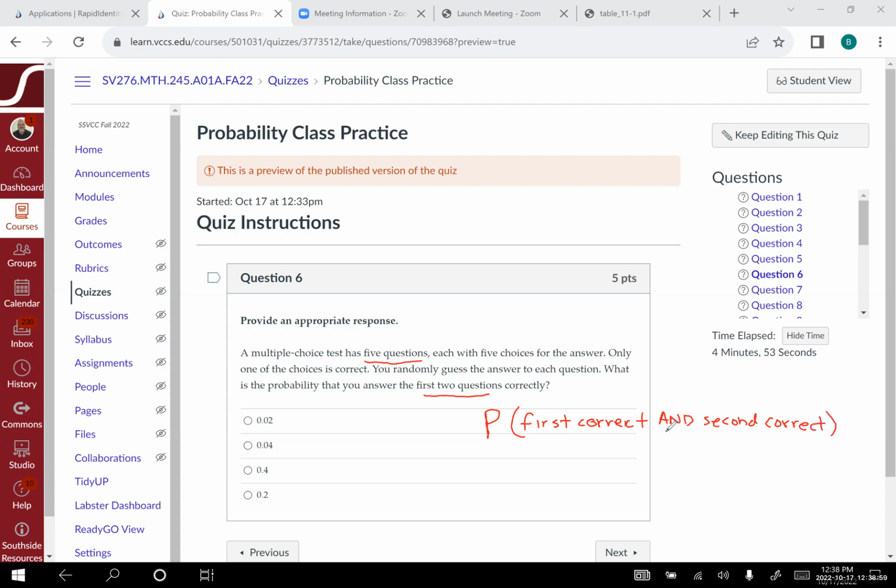So that becomes an and problem where it's 2 consecutive events. You're answering the first question, you're answering the second. This 5 question business right here is just noise. That doesn't even play into the problem.